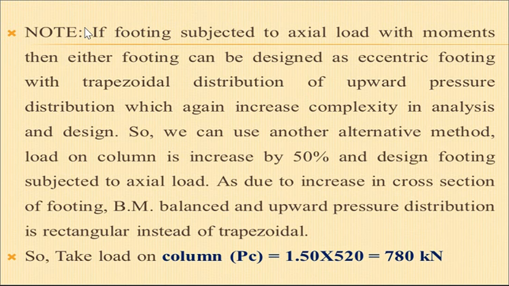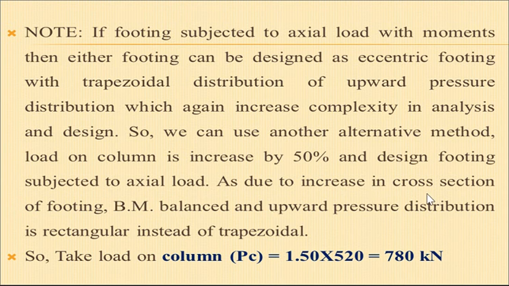Now the interesting thing: if the footing is subjected to axial load with moments, then either the footing can be designed as eccentric footing with trapezoidal distribution of upward pressure, which again increases the complexity in the analysis and design. So we can use another alternative method. Load on the column is increased by 50% and the footing is designed subjected to axial load.